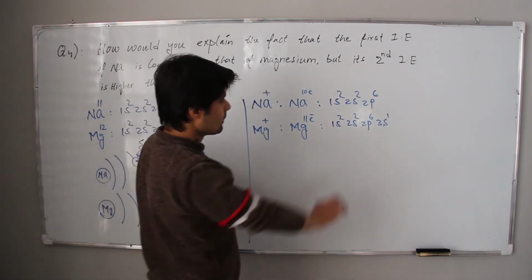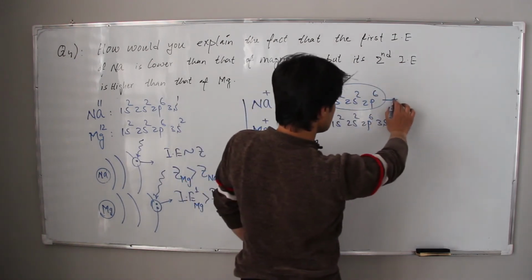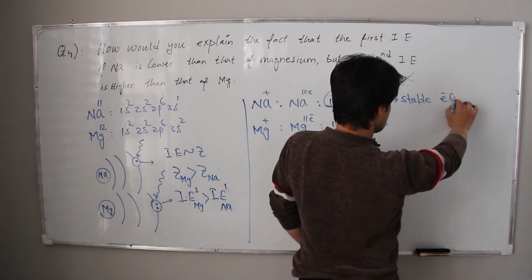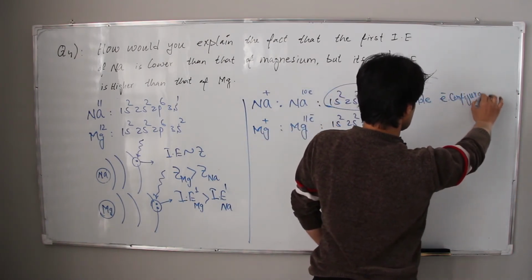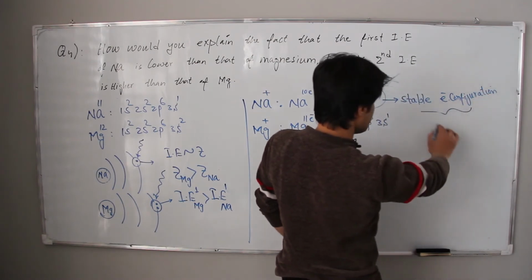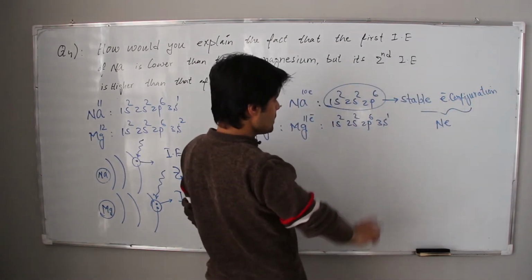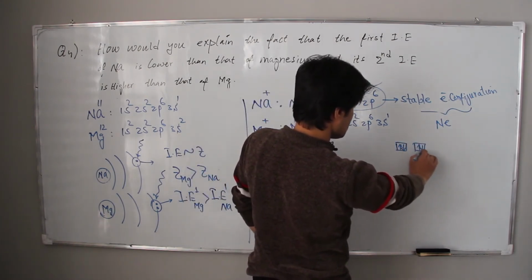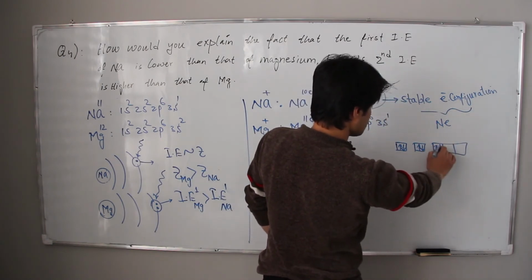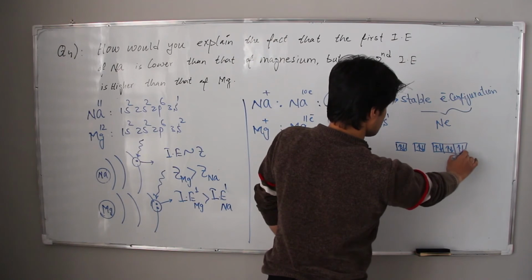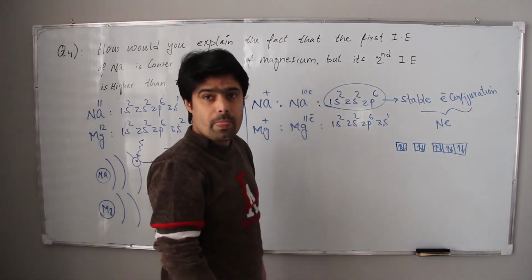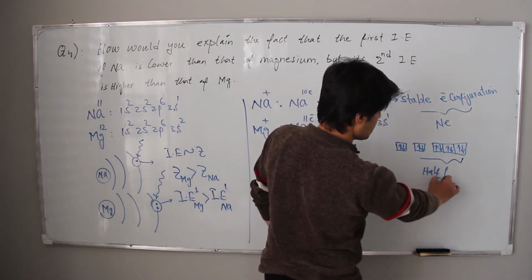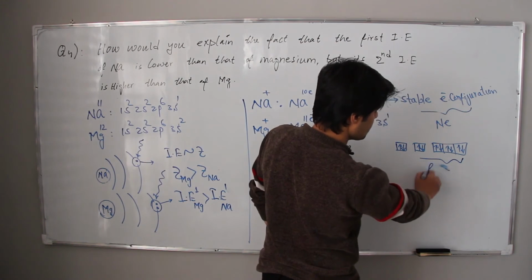What do you think? This changed to a stable electronic configuration, like which atom? Like neon. It means it is 1s2, 2s2, and 2p6. Now you want to remove the electron from which orbital? From p, and it is full filled.